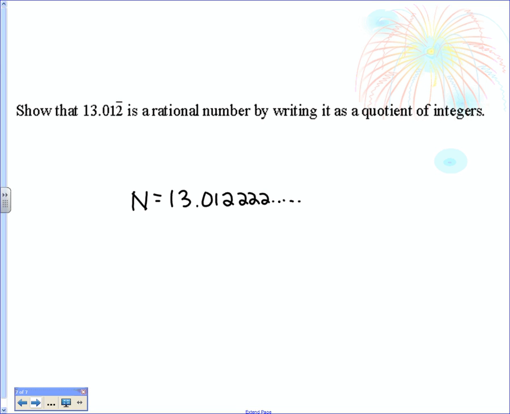Dot dot dot means etc. Okay? Now what am I going to do? Why multiply by 10? One number is repeating, so 10. Where's my decimal place going to be? Behind the 0. So 130 point what?